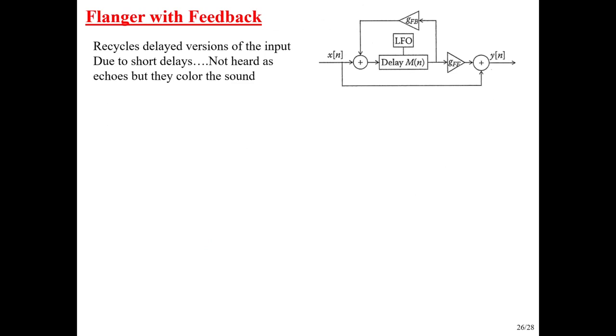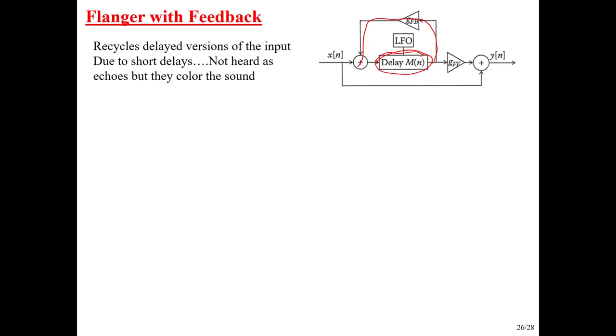Another thing we can do, and is common in many flanger implementations, wasn't necessarily easy to do in the old school version with the reel-to-reel tape players, but once we started making these electronically, you can feed back the delayed thing to go through again. Now, this delay here is going to be short compared to what we saw for the echoes.